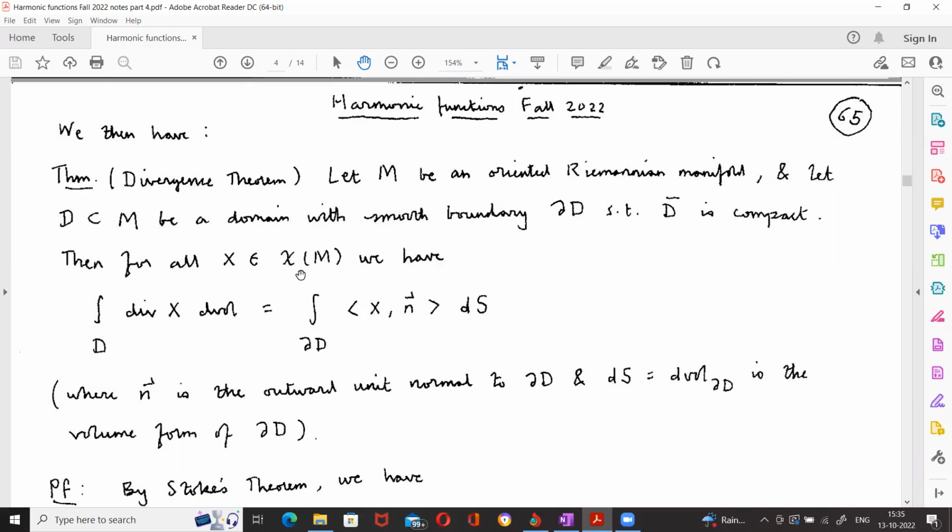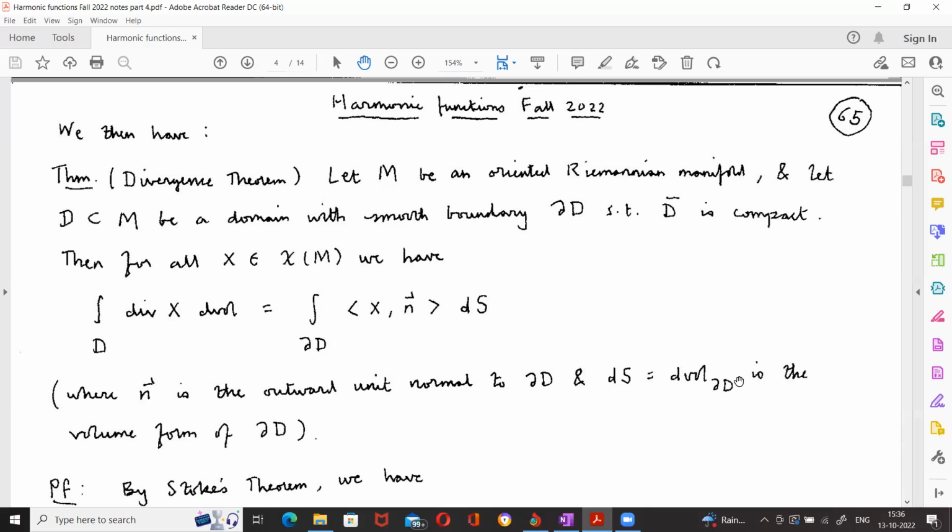Then for any vector field X on M, we have the integral over D of the divergence of X, dvol, is equal to the integral over boundary D of the inner product of X with the outward normal N, ds. Here N is the outward unit normal to boundary D, and ds is the volume form of boundary D. Remember that since D is oriented, boundary D has an induced orientation, and so boundary D is an oriented Riemannian manifold, so it has a volume form.